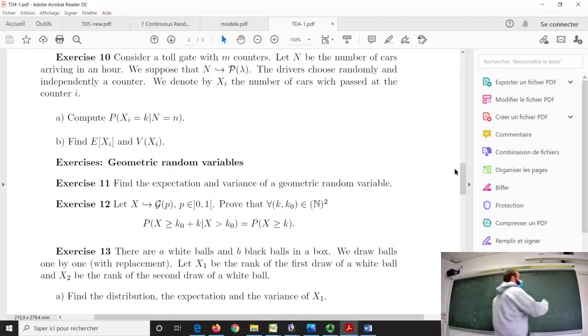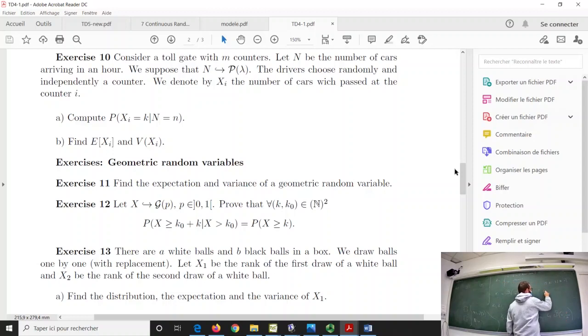So the probability that Xi is equal to k given capital N is equal to small n is equal to what? Well, it's exactly what I have here. It is a binomial B(n, 1 over m).